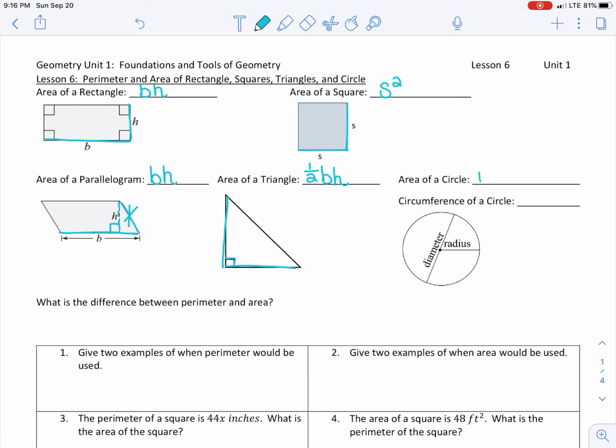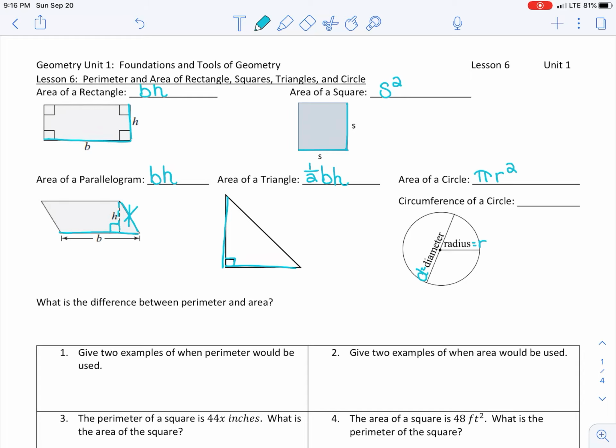The area of a circle is pi r squared, or pi times the radius squared. Radius is equal to r, and d is equal to diameter. So the circumference of a circle is basically like the perimeter of a circle. It's the distance around.